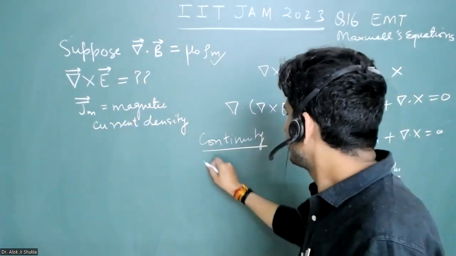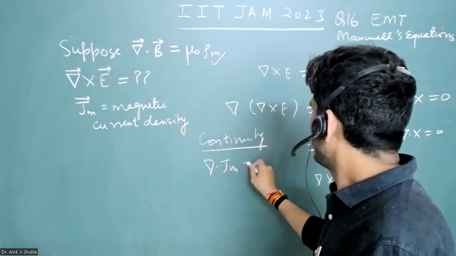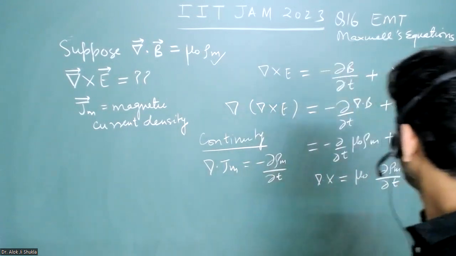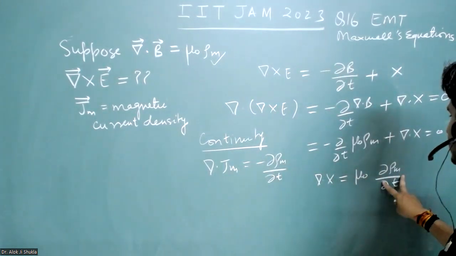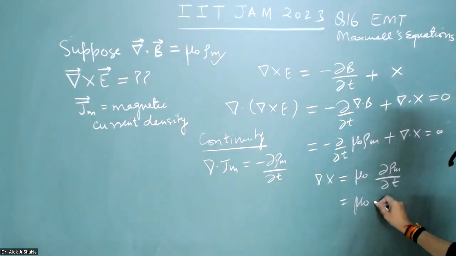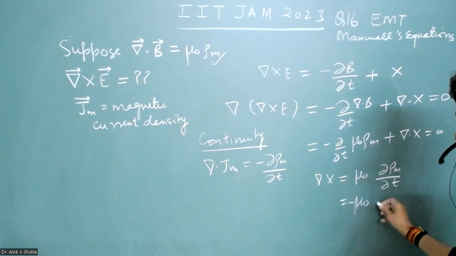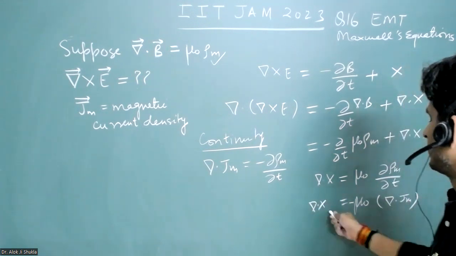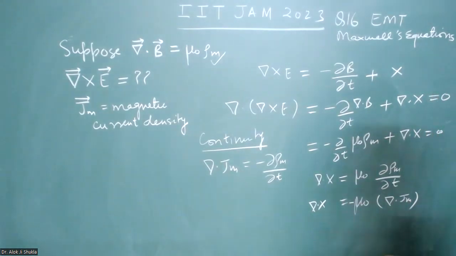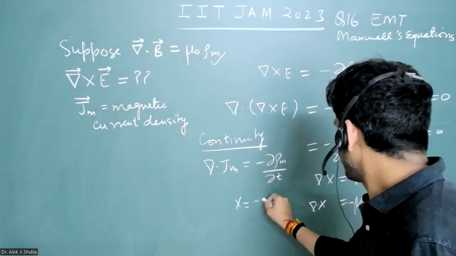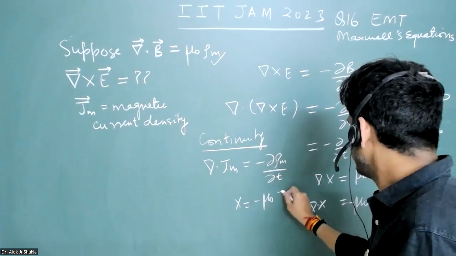So the continuity equation says that del dot Jm will be equal to minus del rho m by del T. So that means I can replace this by mu naught, minus of del dot Jm, is equal to del dot x. So now what is the vector x? Clearly you can see from here that x is equal to minus mu naught Jm.